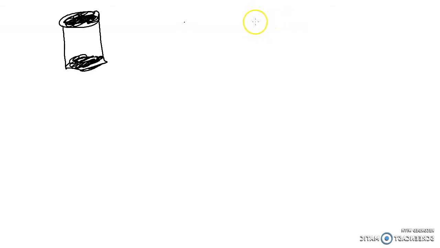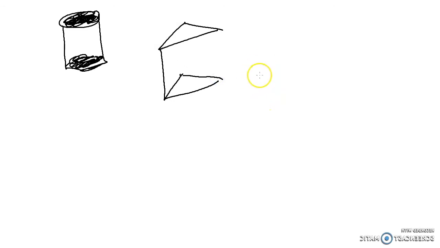Let's try a triangular prism. So I draw one triangle here, one triangle right here, and I connect the lines going up here. All right, that's better. Where are the bases? Well, I might have one base.